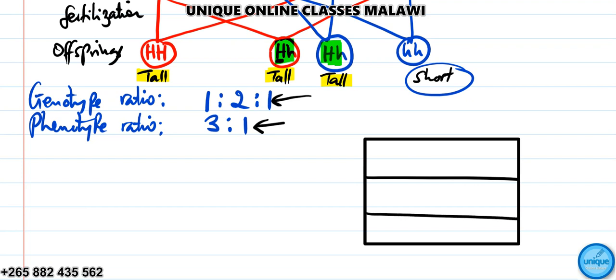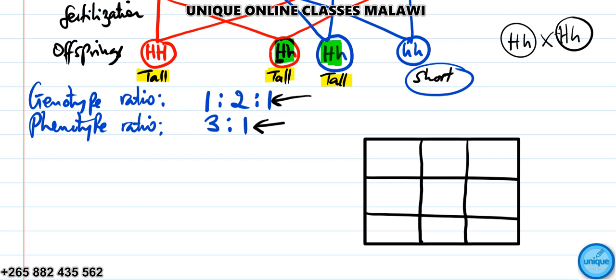Yeah, so when nditakujambula china chake chioneka chonchi. So titenga pachele matenga ma heterozygous Hh tukumpanga cross ndi Hh. So we have there Hh. Okay, so Hh ndikuti we have that parent there and another Hh this side.